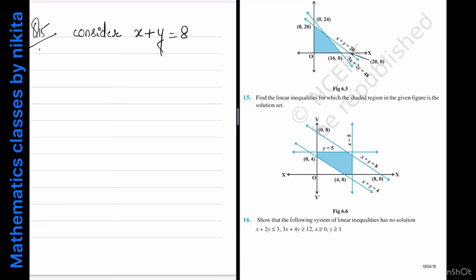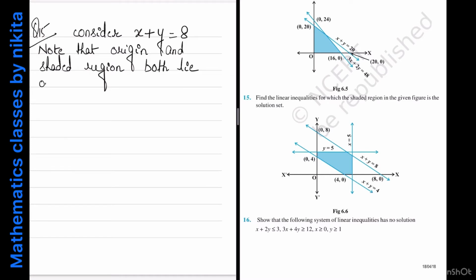So note that the origin and the shaded region both lie on the same side of the line.